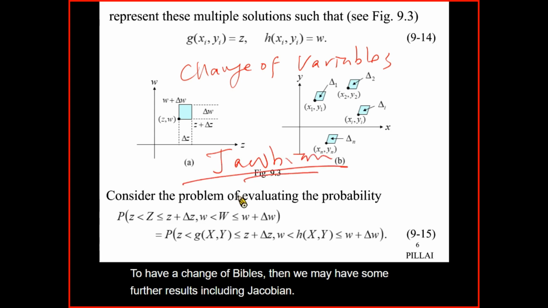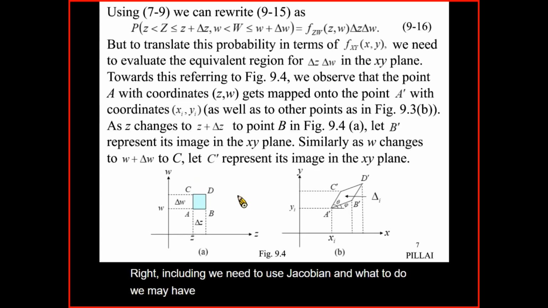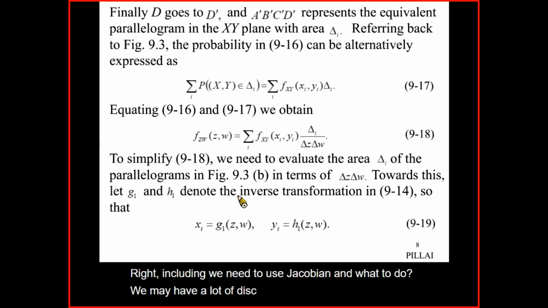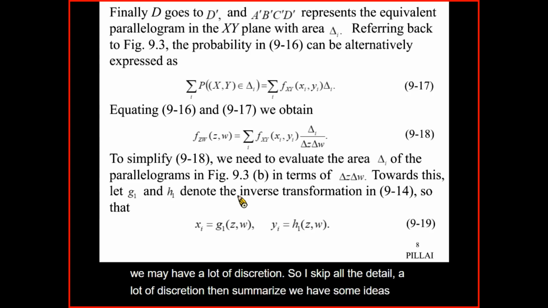Right, we need to use the Jacobian. And there may be a lot of description, so I skip all the details. After a lot of description, then to summarize, we have some ideas like this.